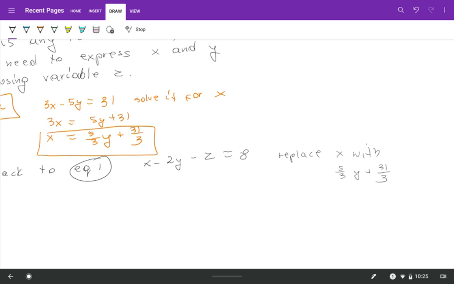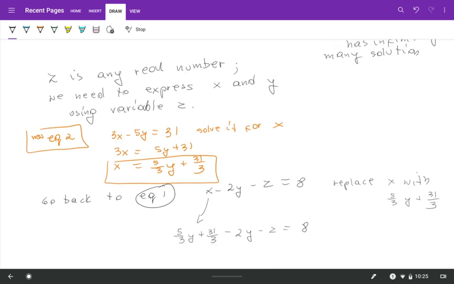Okay, so we have x, which we're going to replace with 5 over 3y plus 31 over 3, minus 2y minus z equal 8.